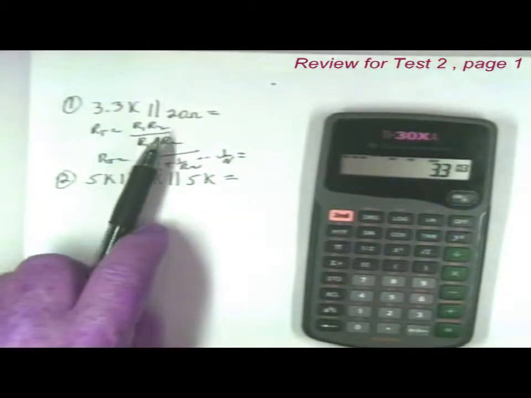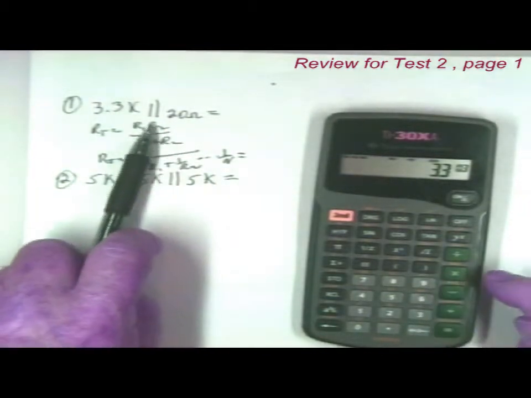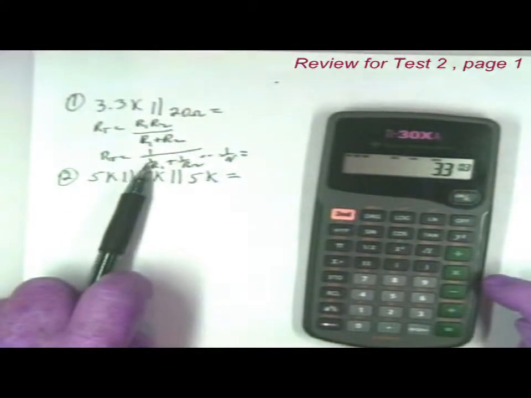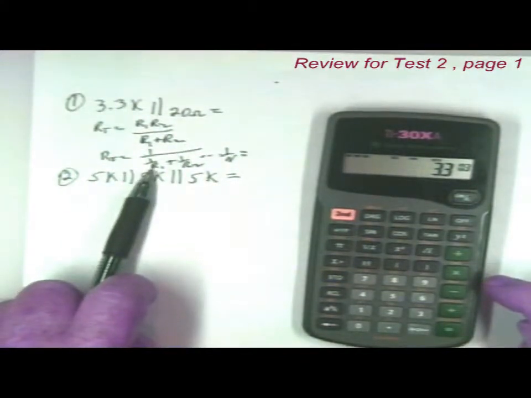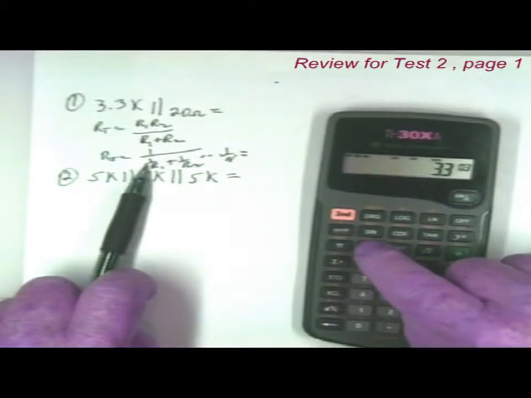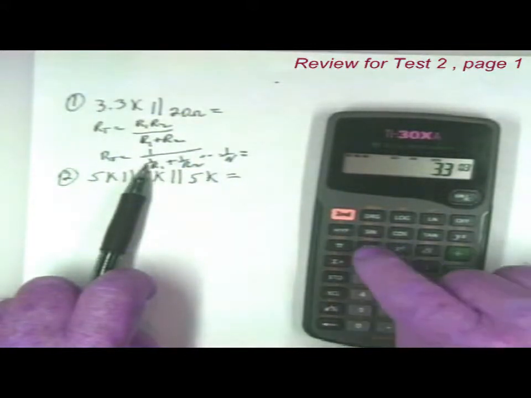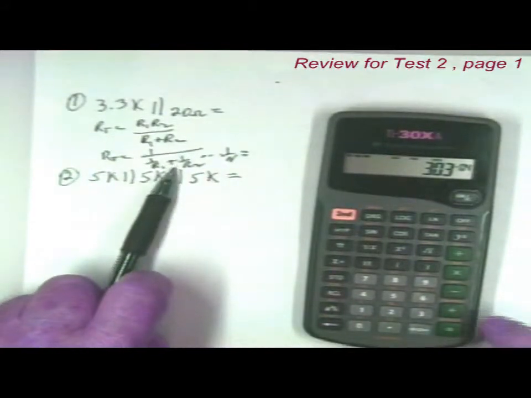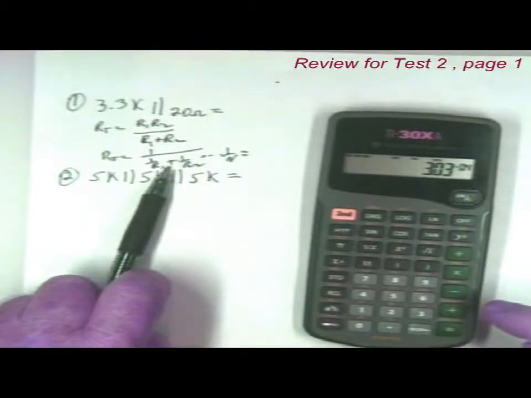Okay, now the next thing we do, we're going to follow the formula of the reciprocal here. We put in R1. Now we need to take the reciprocal of that, and we have a function key here that is reciprocal, so we hit that. Okay, now we want a plus because we're going to the next part of this problem, so we hit plus.